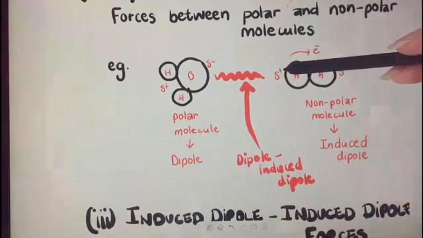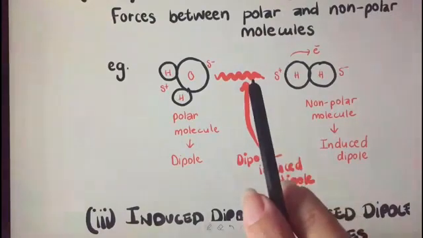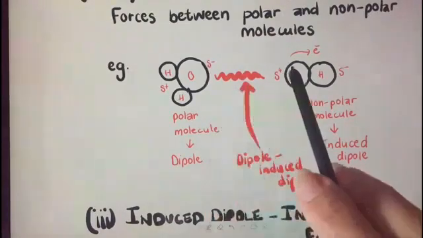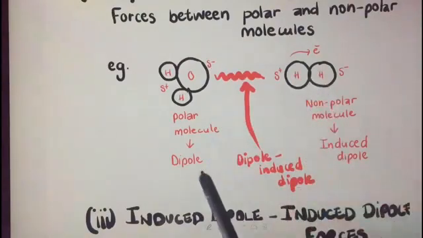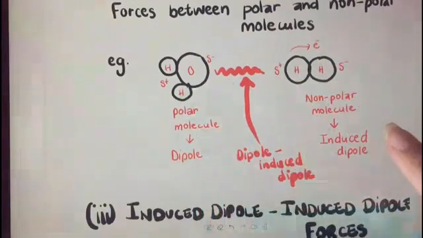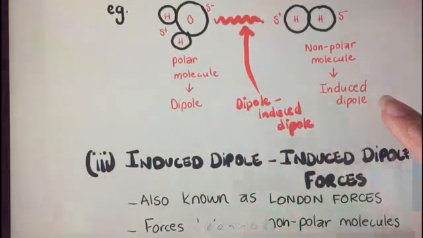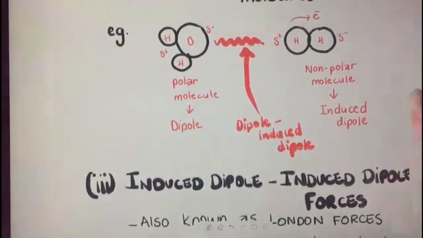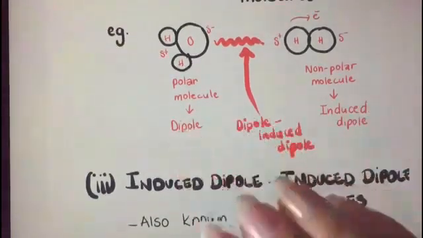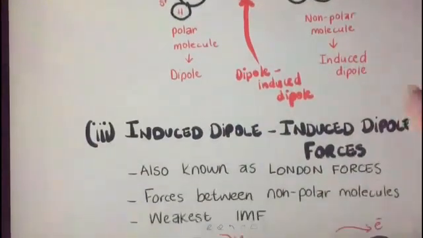So this side becomes partially positive and this partially negative. And this attraction between this negative side and this positive side, between a polar molecule and a non-polar molecule, we can describe that as dipole, induced dipole forces. And also just remember, a dipole is a permanent dipole. Induced dipole is a temporary situation.